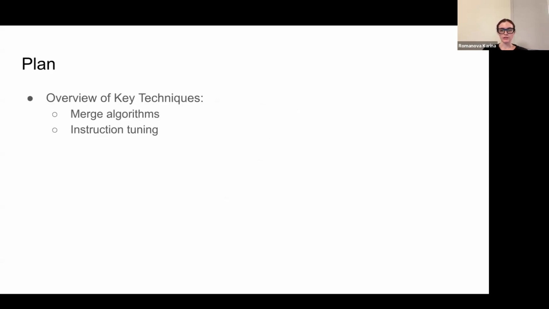Our discussion will cover the following topics: an introduction to merge algorithms, including their purpose and various types such as linear interpolation, spherical linear interpolation, and TIES, which we worked with on Tuesday when we had the lesson with coding.